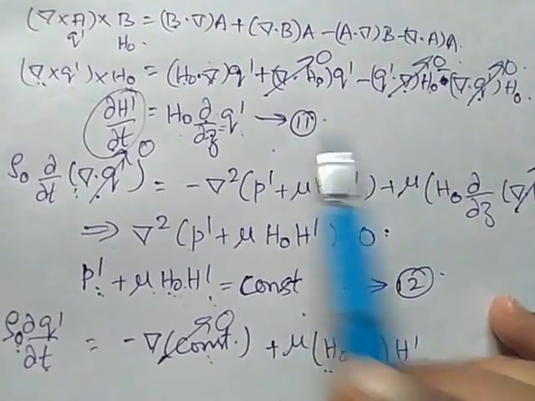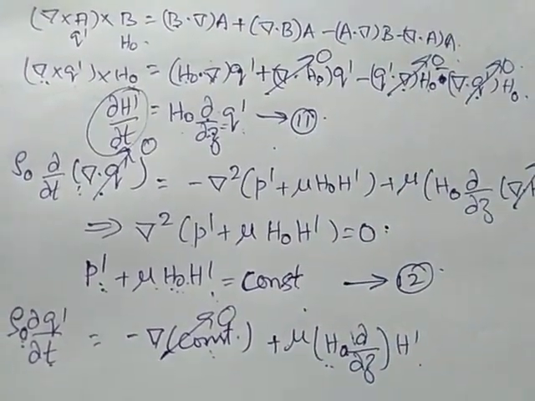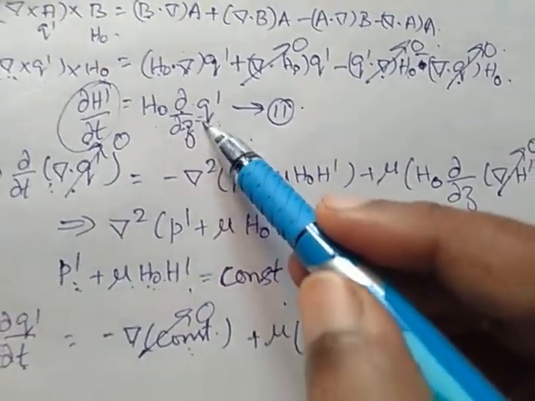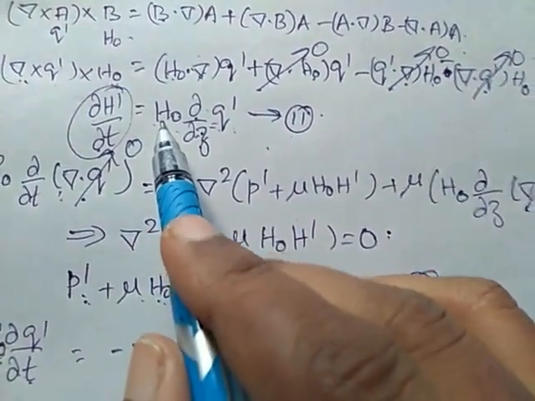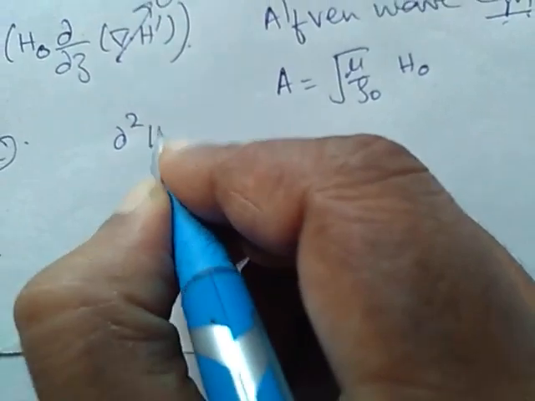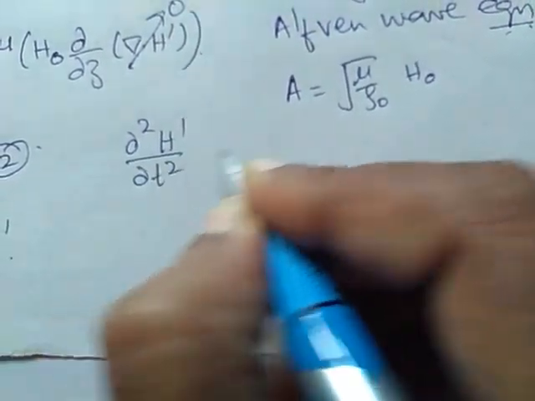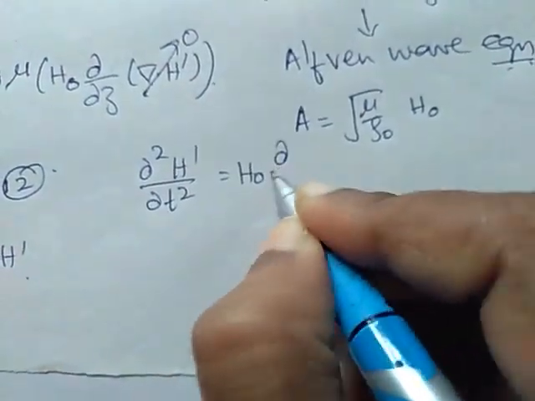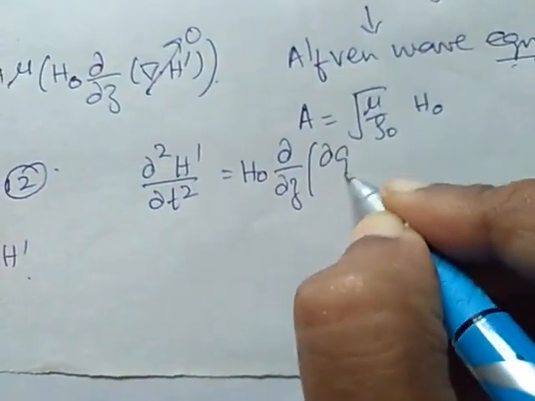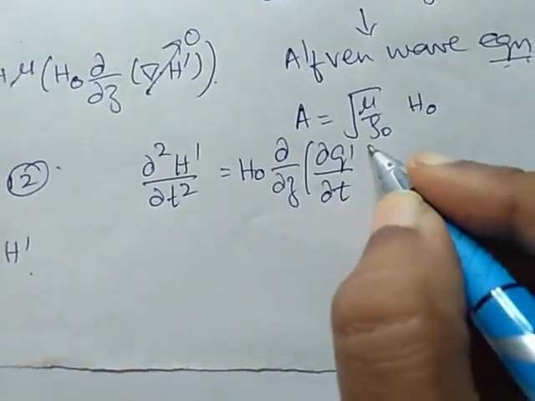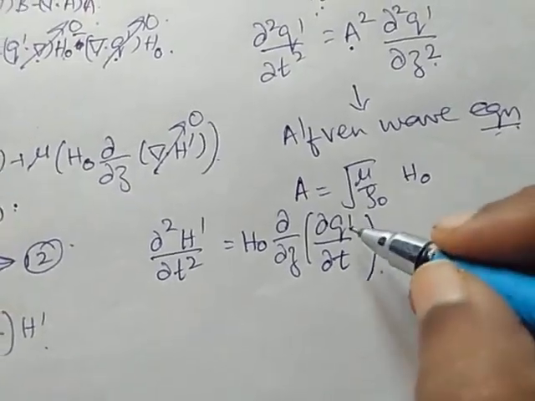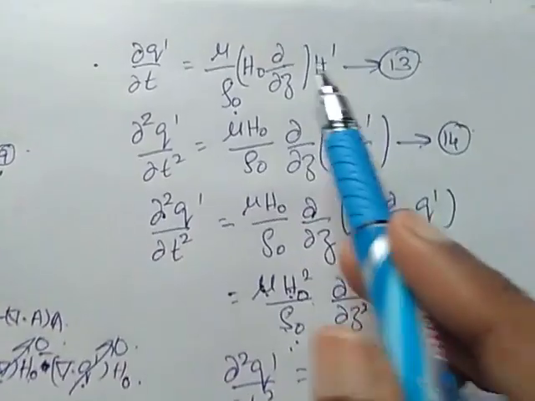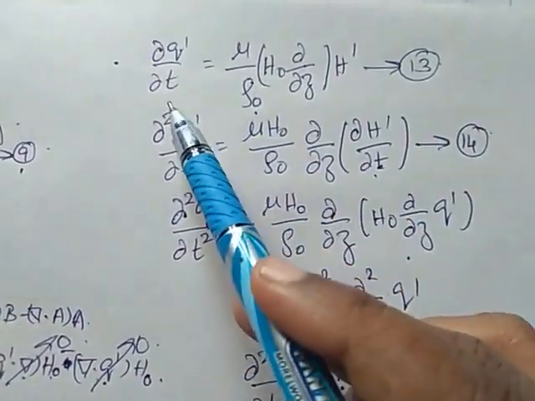Now I am considering equation 11, and I am going to differentiate equation 11 with respect to T on both sides. If I do so, I will get dou square H dash by dou T square equal to H naught dou by dou Z of dou Q dash by dou T. So what is dou Q dash by dou T? From equation 13, dou Q dash by dou T is this.